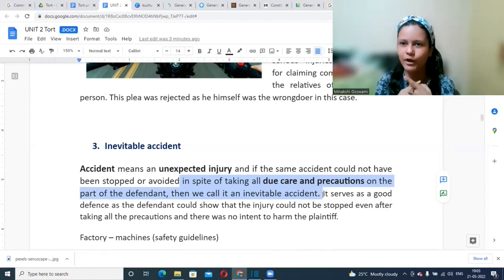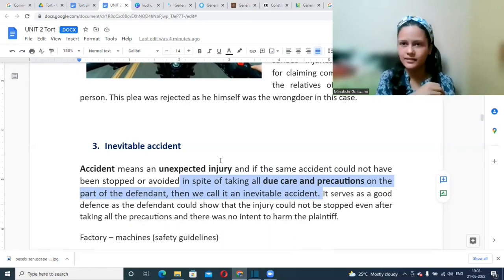You were driving properly, you had a valid driving license, you were following all the traffic rules, but still the situation itself was such that the accident just took place. That is called inevitable accident.